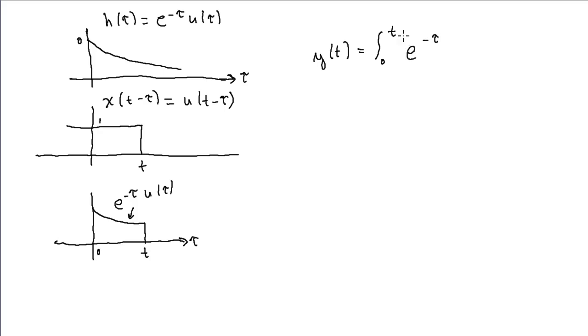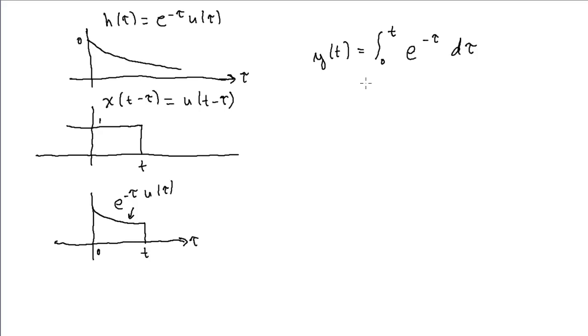U of tau is 1 in this region because I'm considering the case where t is greater than 0, and so in this interval tau is between 0 and t, so that just becomes d tau.